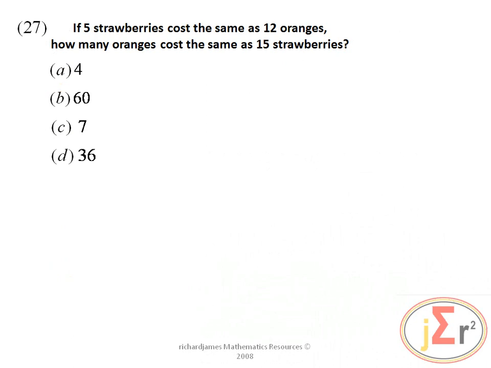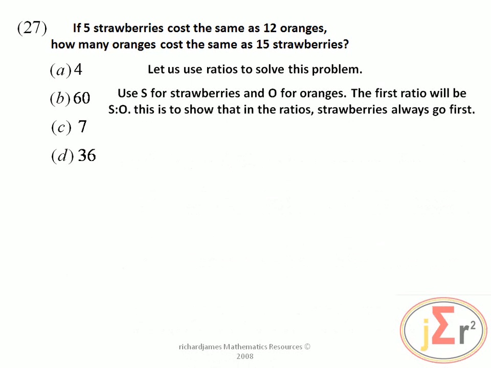If 5 strawberries cost the same as 12 oranges, how many oranges cost the same as 15 strawberries? So let us use ratios to solve this problem. Let us say S for strawberries and O for oranges.